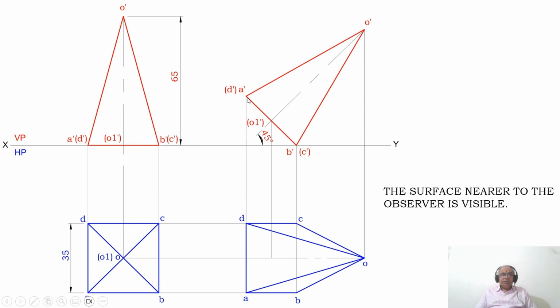Therefore, automatically these two edges will become visible. The top view of O dash A dash is OA. So you join O to A and also O to D with a dark line. So both are visible when you look from the top view here.